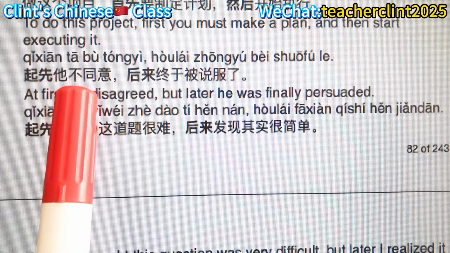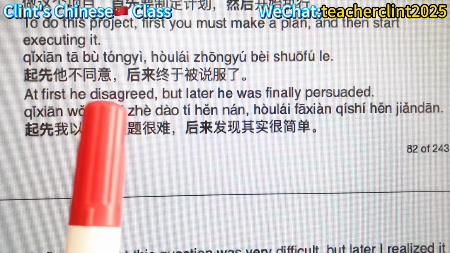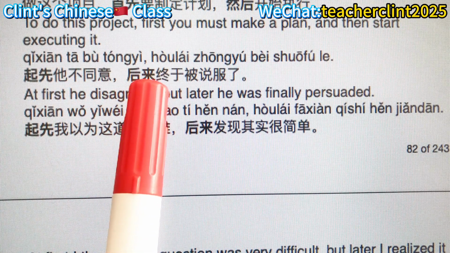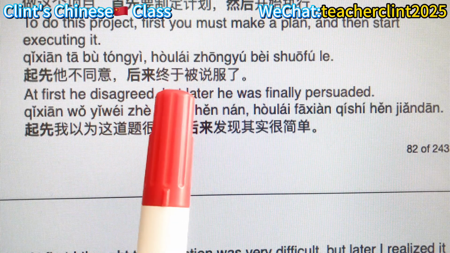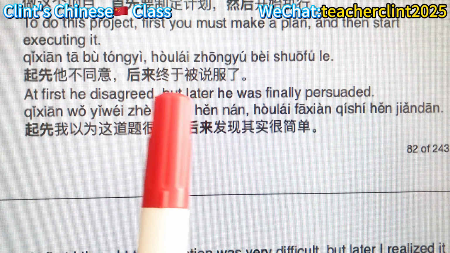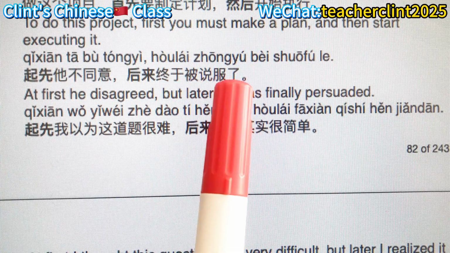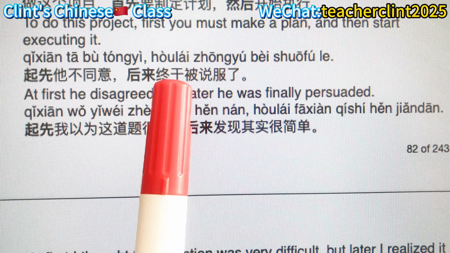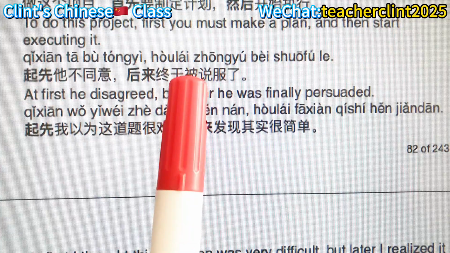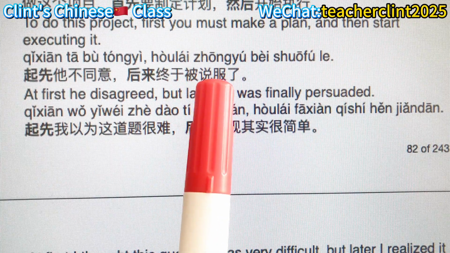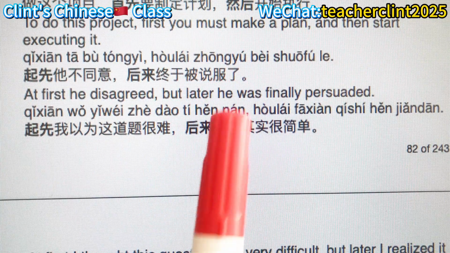Turn agree to disagree. 后来 and then or later 终于 finally add a verb here 被说服了 we use the 被 structure, passive voice, so omit the subject, it should be he was 说服 persuaded.